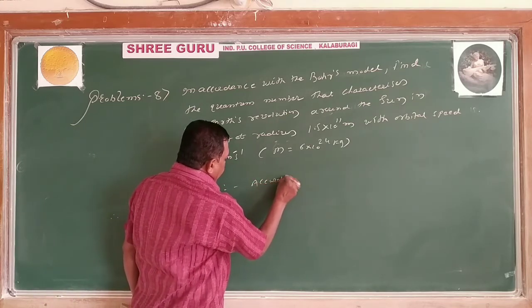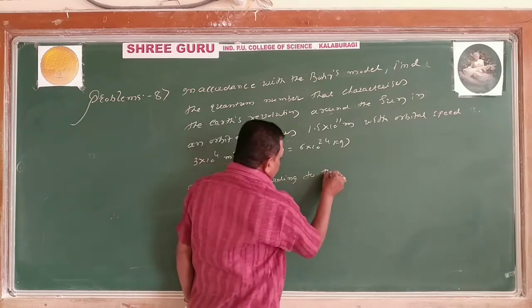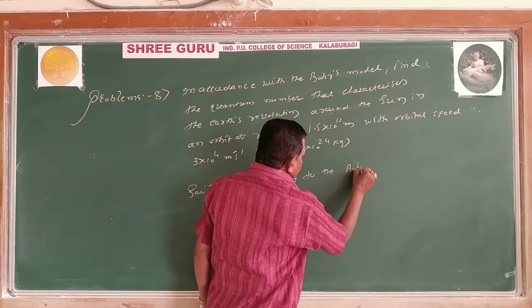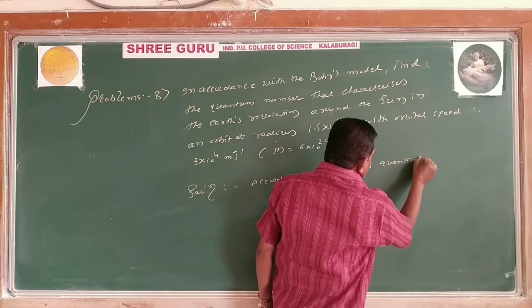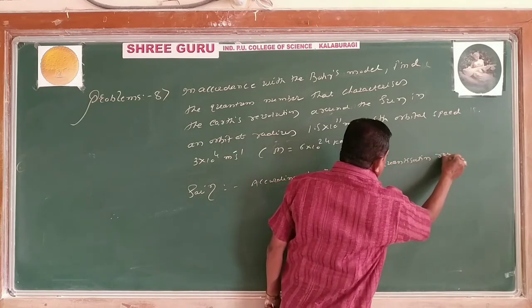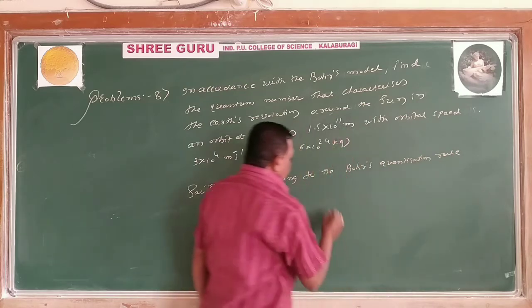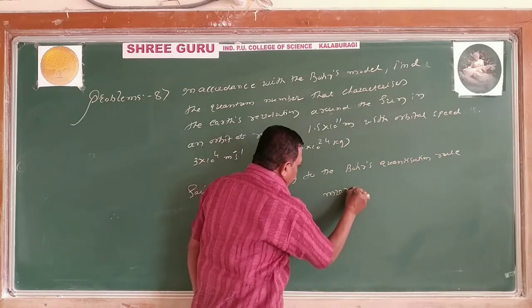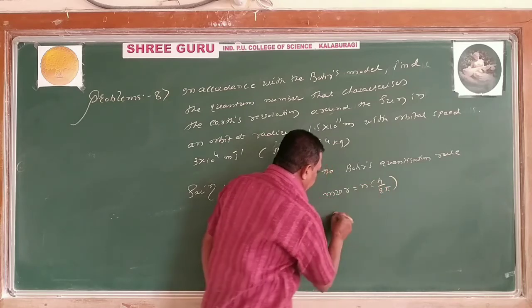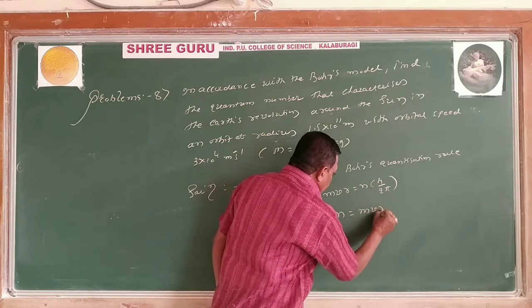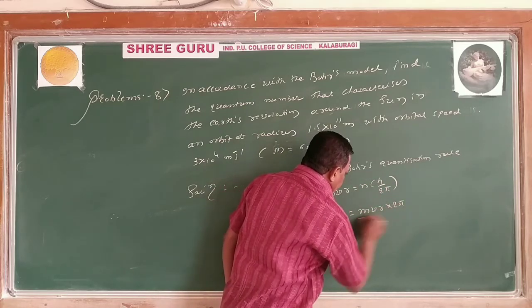According to Bohr's quantization rule, angular momentum mvr equals an integral multiple of h divided by 2 pi. We need n equals mvr into 2 pi divided by h.